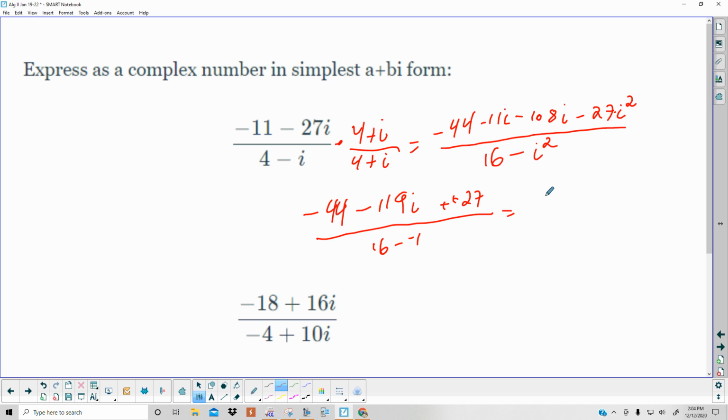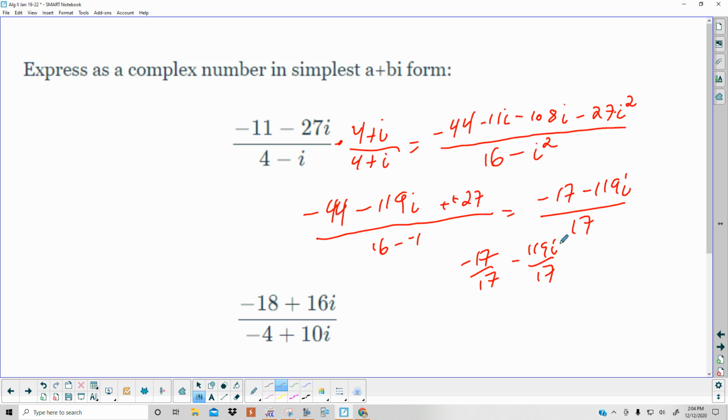So the top is minus 44 plus 27, which is negative 17, minus 119i over 17. The only thing you have to do now is split it: negative 17 over 17 minus 119i over 17.